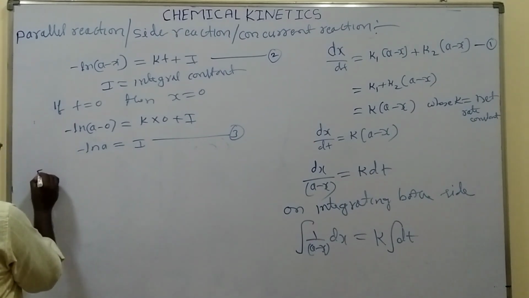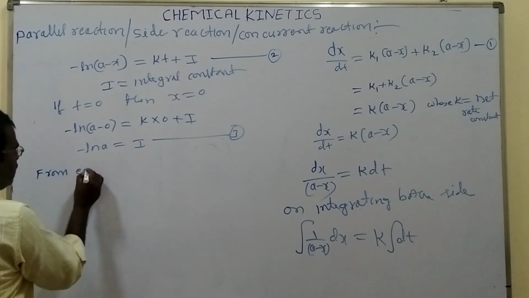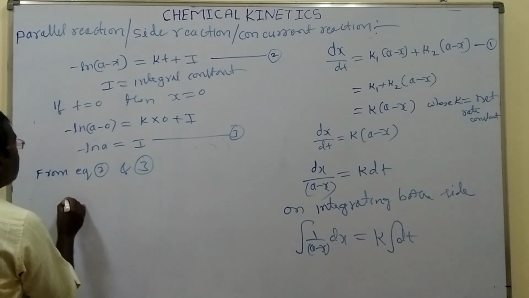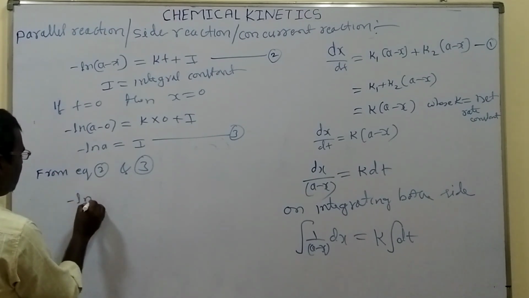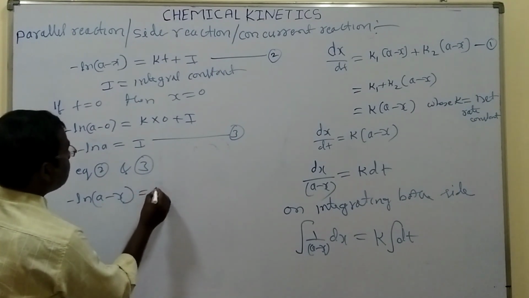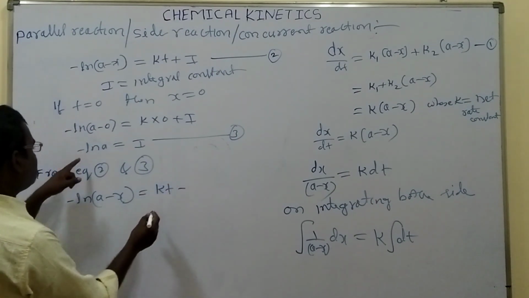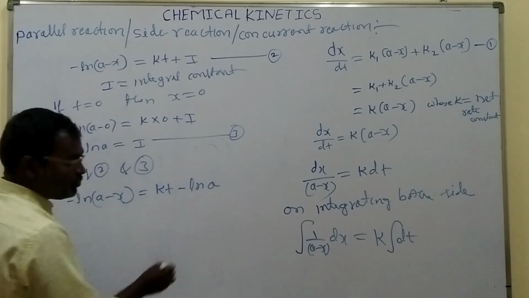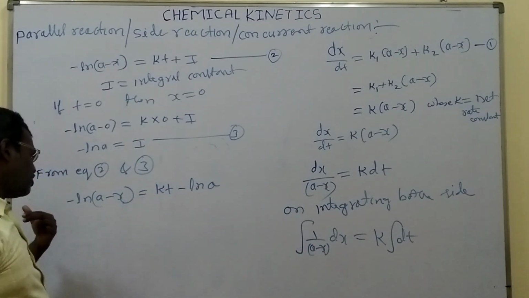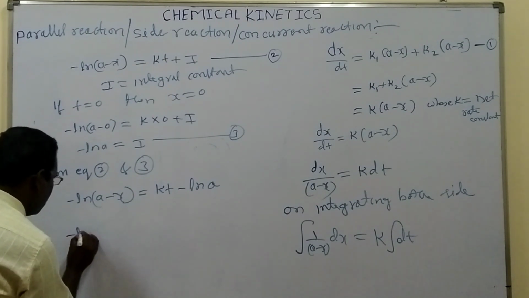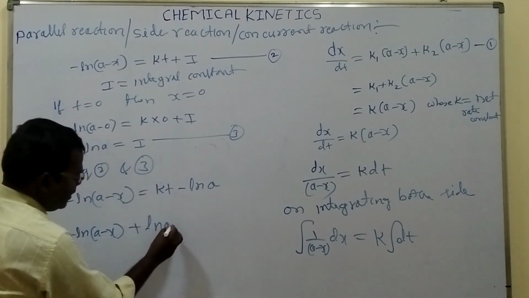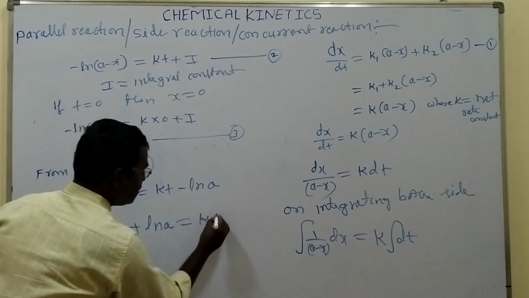From equation 2 and 3, minus ln a minus x is equal to kt minus ln a. Now bring the ln a to the left side. Now it becomes ln a minus x plus ln a is equal to kt.